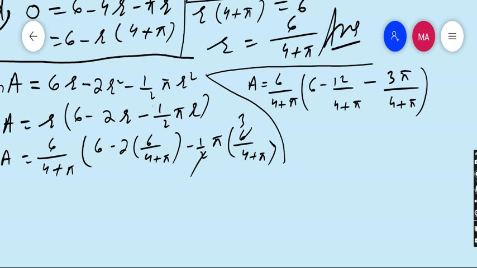More simplification is required. A is equal to 6 upon 4 plus pi.